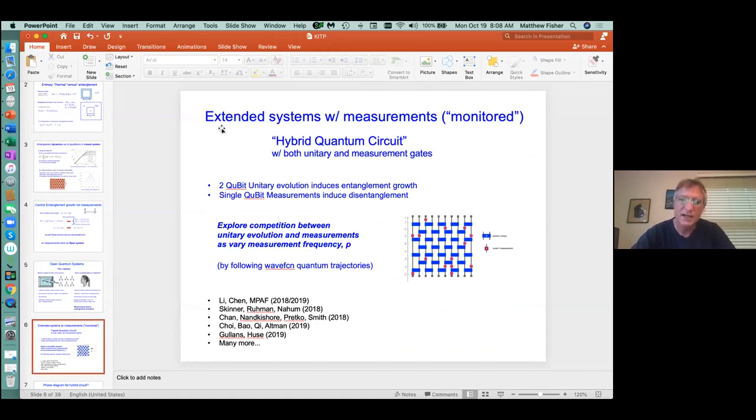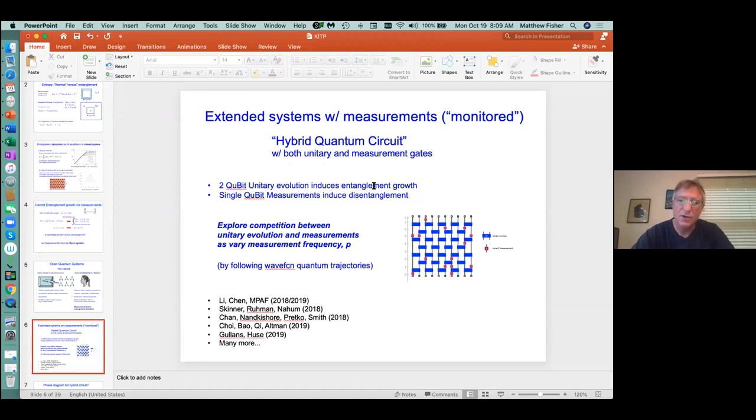Okay, so in particular, what I want to focus on are spatially extended systems, and specifically a one-dimensional circuit of qubits with measurements, so an extended monitored system. And here what serves this purpose well are what are called hybrid quantum circuits, which involve both unitary evolution and measurement gates.